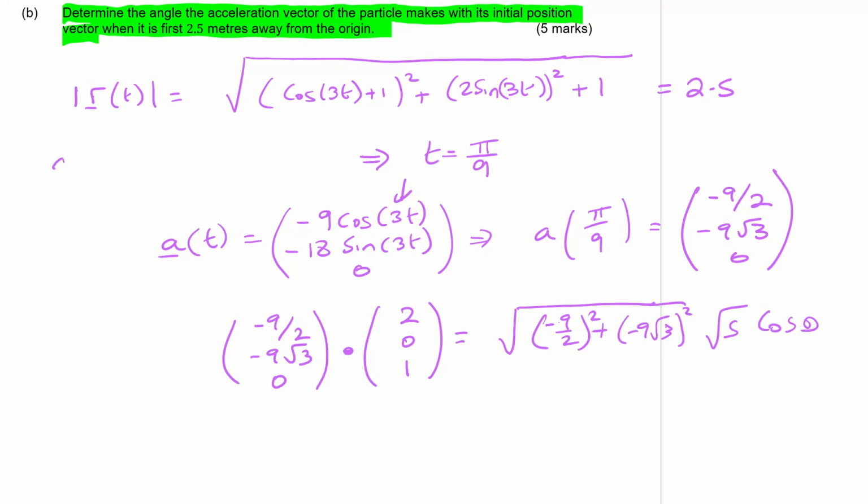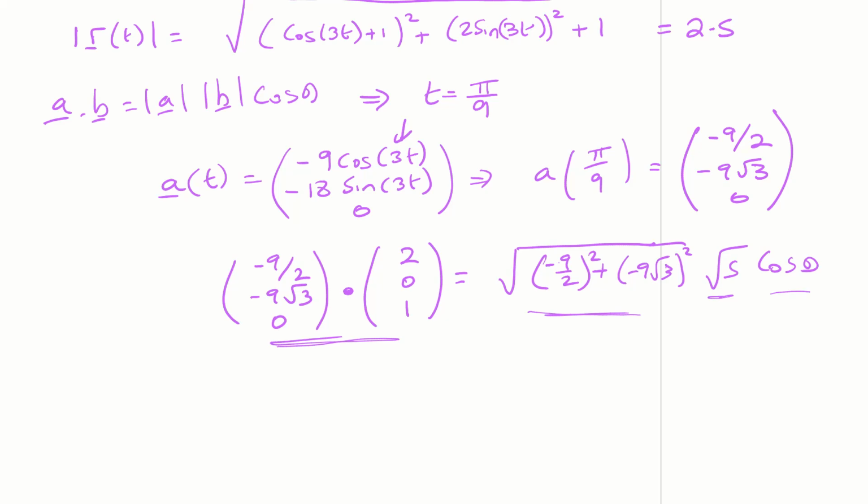We're just using a dot b is equal to mod a mod b cos θ. So there's your a dot b. That's the modulus of the first vector, modulus of the second vector, and cos θ. And again, we can just solve for that. And it should give us 104.4 degrees.